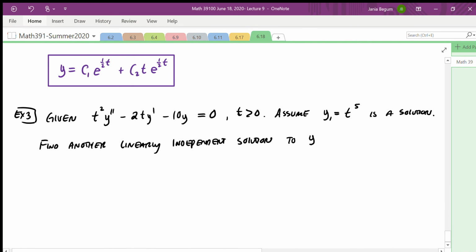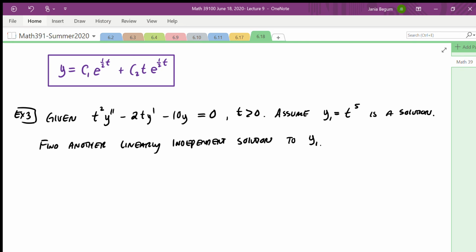To y1. So you're given a random differential equation that we haven't really learned how to solve because it has function coefficients. But you're told that you know one of the solutions and you have to find the second solution, which is linearly independent from the first solution. This is the scenario.